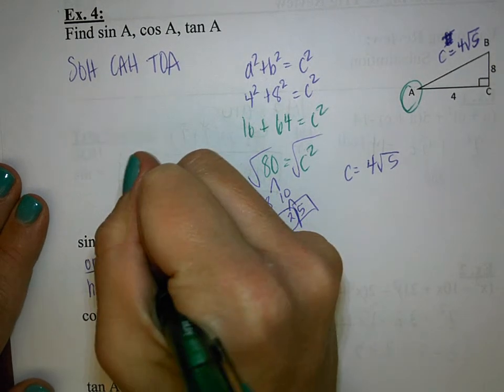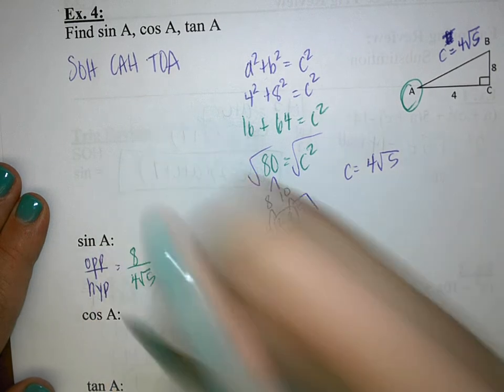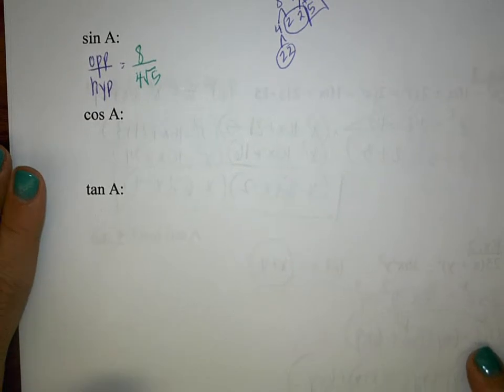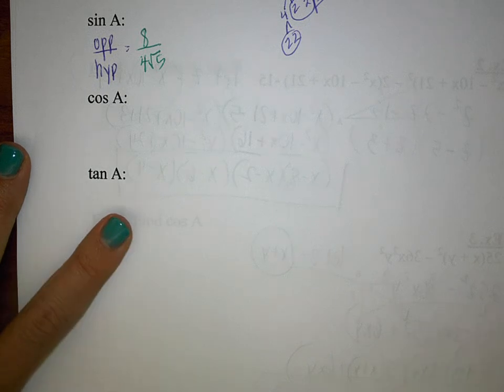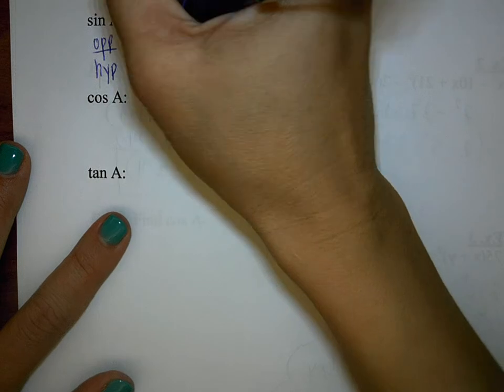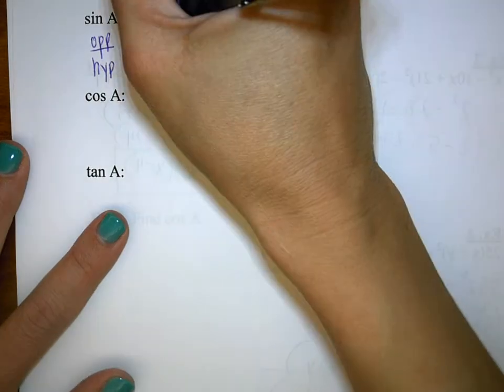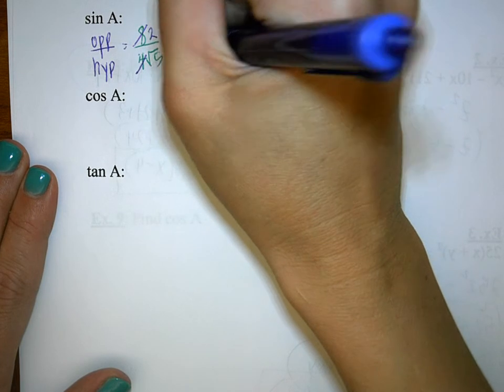And my hypotenuse is 4 root 5. Then you want to reduce. So can 8 and 4 reduce? Yes, anything outside of the root you can reduce. So I'm going to cancel out the 4 and it goes into 8 2 times. So now I really have 2 over root 5, and Alexander is correct.